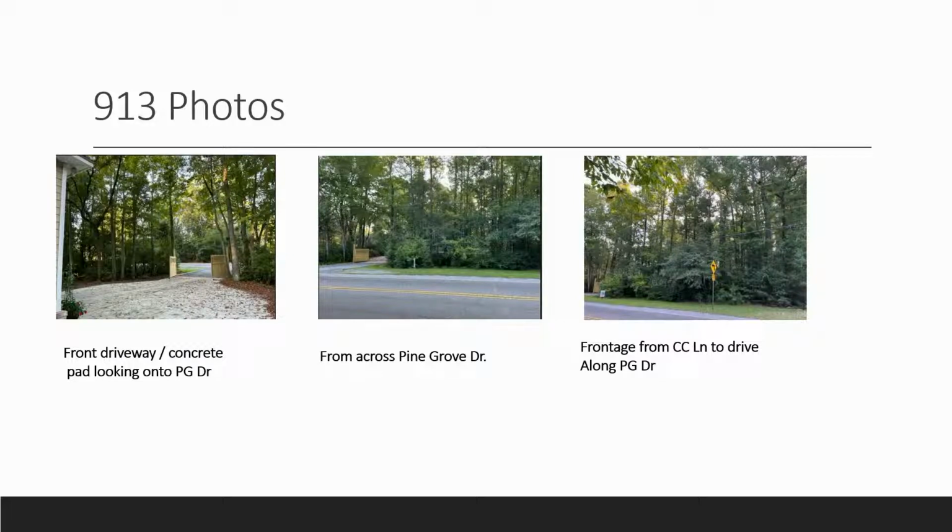The other two pictures are also along Pine Grove, one from the center of the property, and the last one taken from the corner. That corner is just about at Crooked Creek. So you see the height of the trees and the amount of the trees. That tree line is pretty much the same on 3 of the sides of the house. In the back, it's actually even deeper.